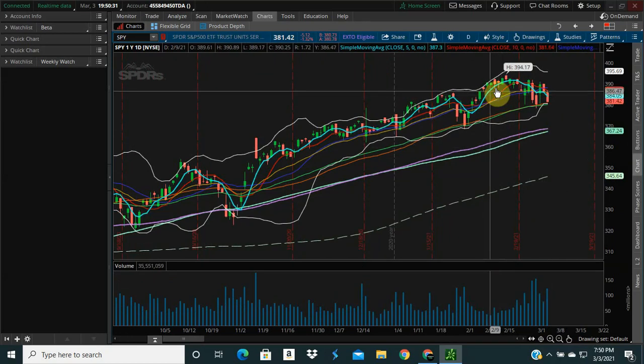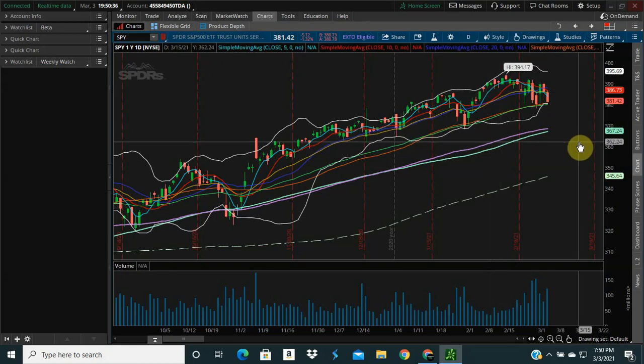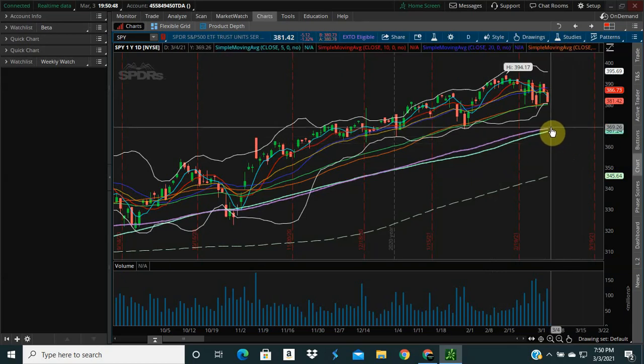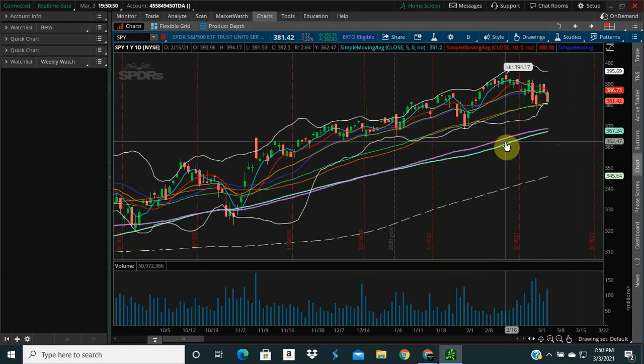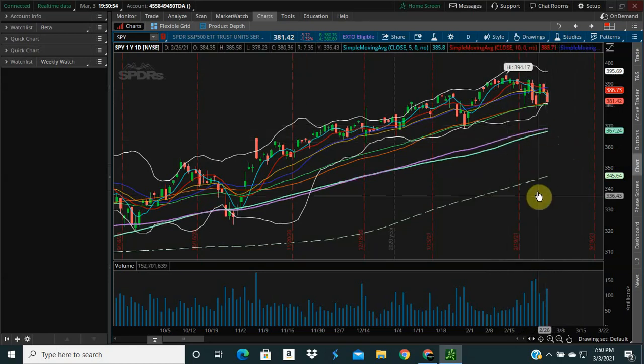These are truly the two most important moving averages, and the ones we pay the most attention to on a regular basis. From the 5-day and the 10-day simple moving average, we incorporate the 20-day simple and exponential moving average, 50-day simple and exponential moving average, 100-day simple and exponential moving average, and then the 200 down here.